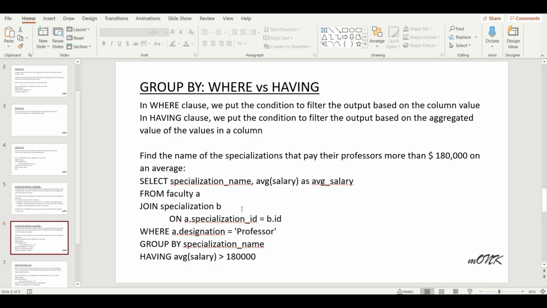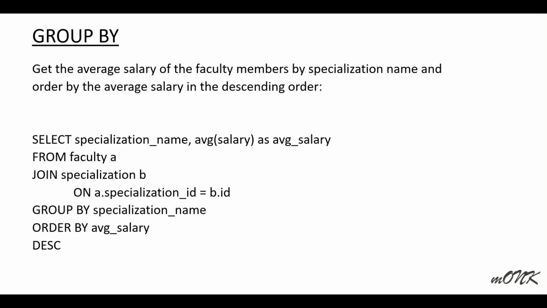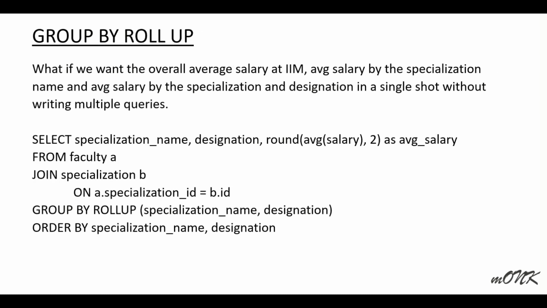Now let's go to the next part of the lecture. We did group by, okay, roll up. So in roll up, what if we want the overall average salary at IAM, and then average salary by specialization name, and then average salary by specialization and designation in a single shot without writing multiple queries?